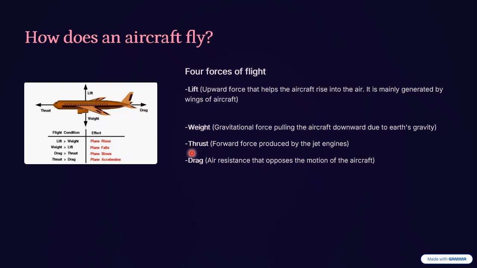Third is the thrust. It is produced by the aircraft engines, which push the aircraft forward. And finally, the drag, which is the air resistance that opposes the forward motion. For an aircraft to fly steadily, these forces must remain balanced. Lift should balance weight and thrust should overcome drag for it to move forward. Once the aircraft gains sufficient speed, the wings start generating enough lift to keep the aircraft airborne.